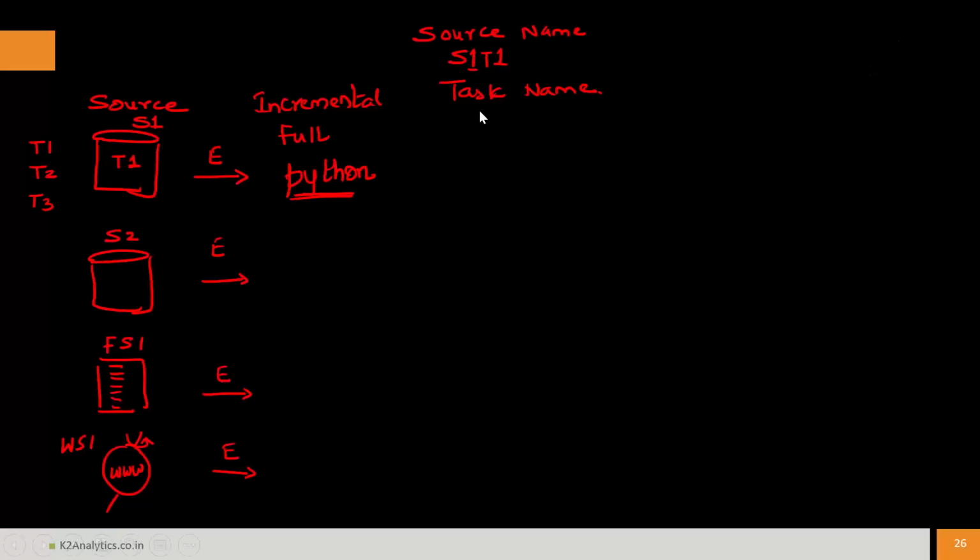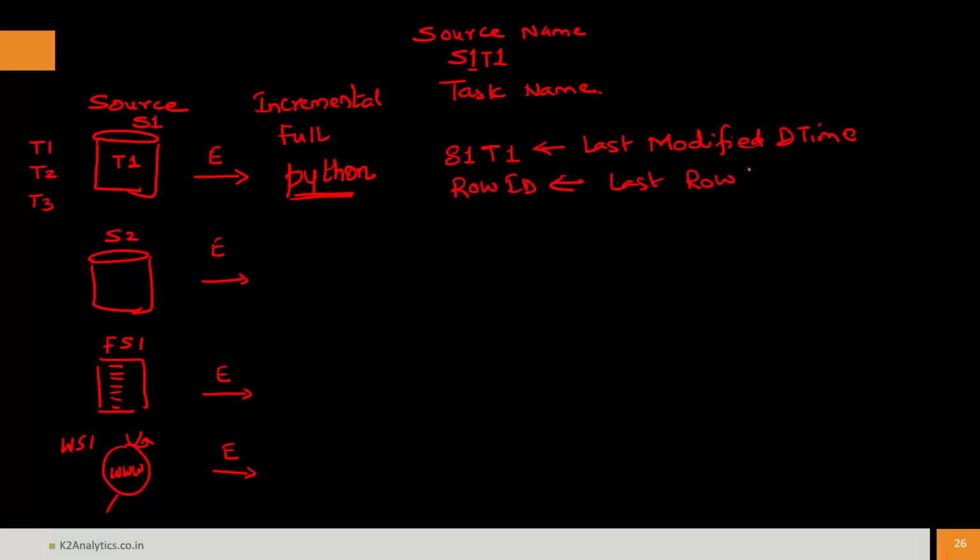Now, when you're doing an incremental extract from the source, you need to know for this particular source the last modified date time till which you have already extracted, and the last row ID, the incremental row ID, which you have already extracted.